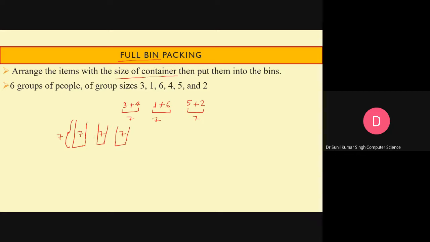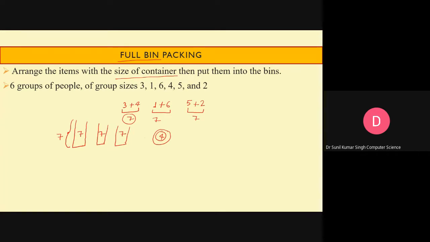Full bin packing. Before packing the items, we arrange them considering the capacity of the bin, the capacity of the container. In this particular case, we are considering the number of seats in the mini buses. Suppose you do not apply first fit decreasing or full bin packing, and you apply first fit, then unnecessarily we have to use 4 mini buses, and that will be a wastage of resources.